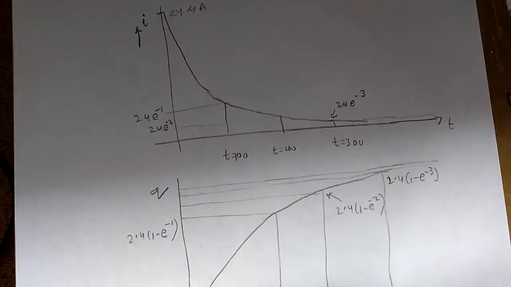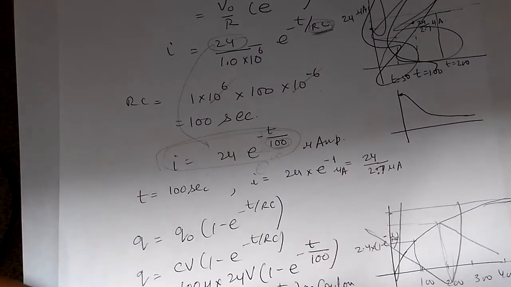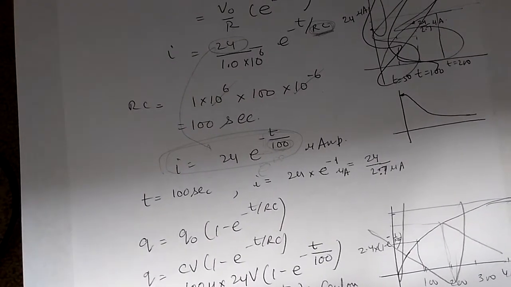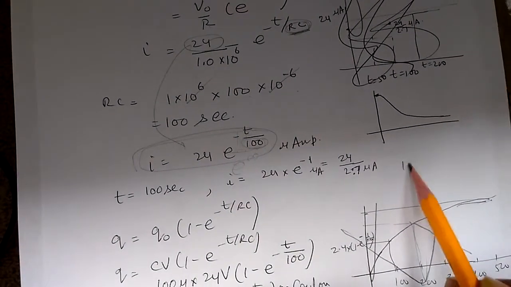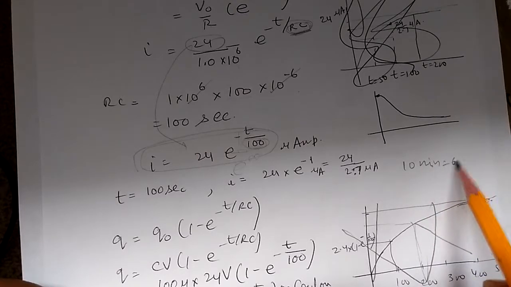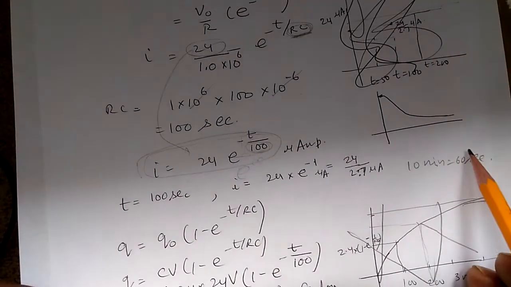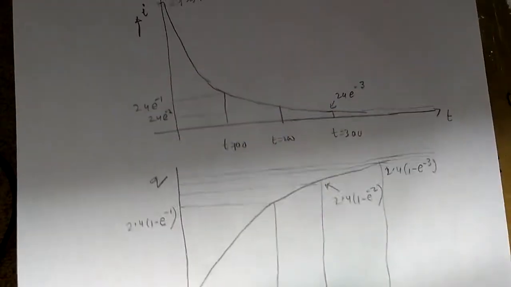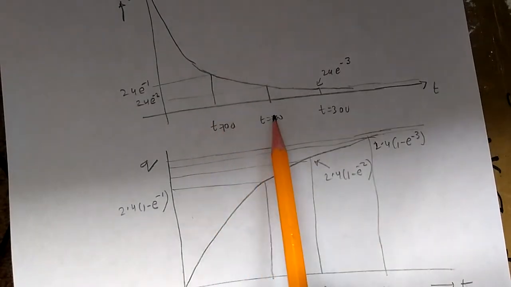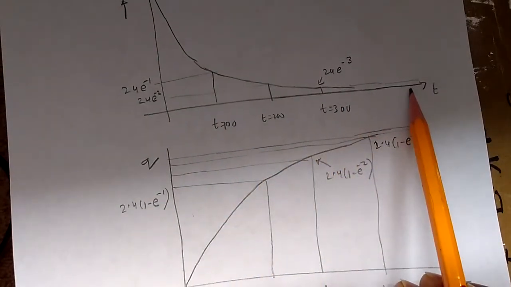We have to calculate it up to t equal to 10 minutes, and 10 minutes means 600 seconds. So we calculate the value of I at different values of t: 100, 200, 300, 400, 500 and 600.